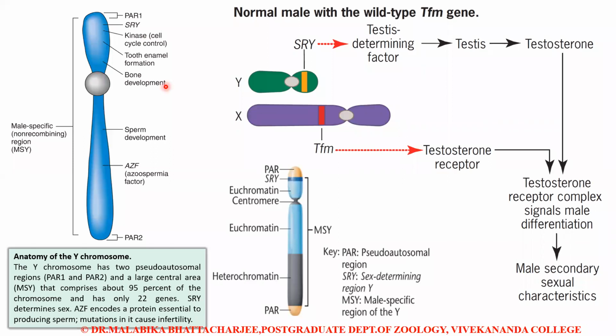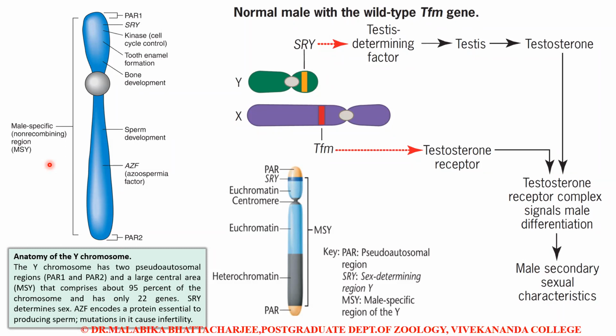PAR is the pseudo-autosomal region. And there is a large central part written as MSY, that is the non-recombining region or the male specific region of the Y chromosome, while PAR is, as I said, the pseudo-autosomal region.